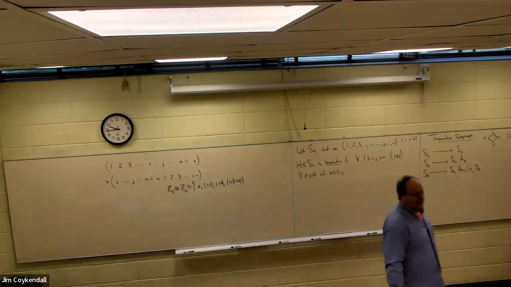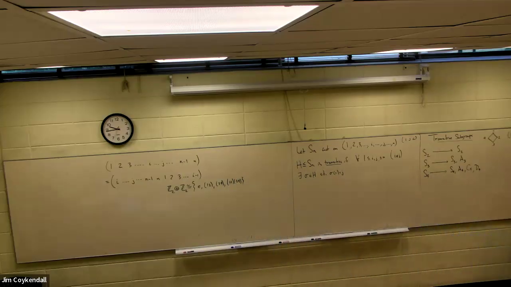There are several variants on this, right? I could do (1 3)(2 4), and then (1 3)(2 4). I could do (1 4)(2 3), and (1 4)(2 3).